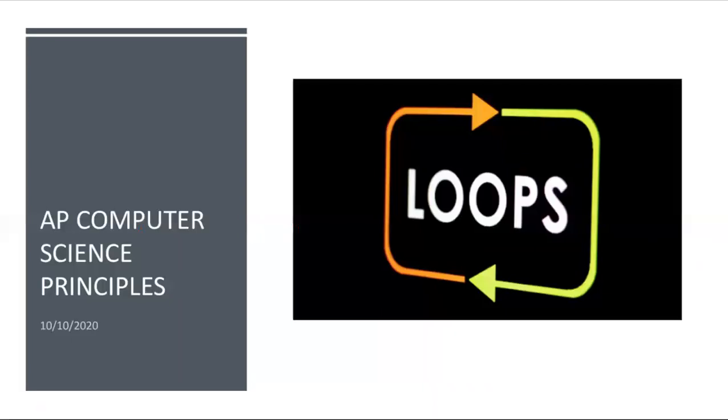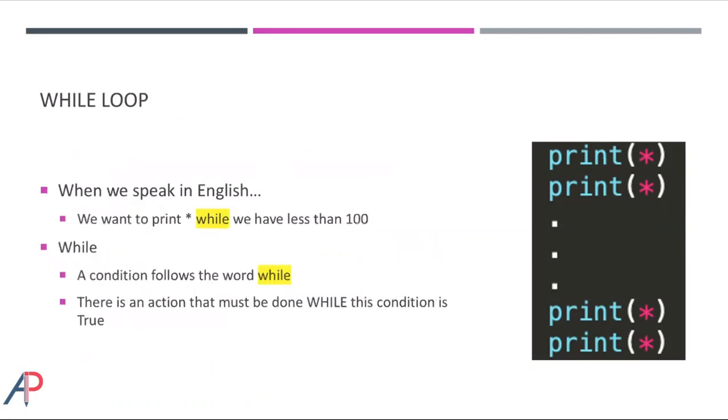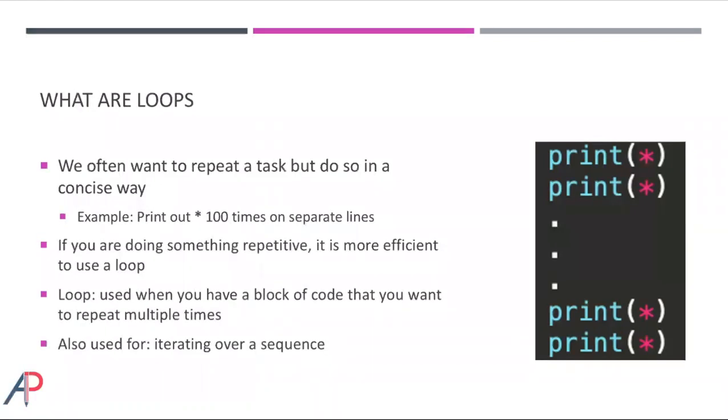So the next topic is about loops. Actually, let's just talk about what loops are. We often want to repeat a task, but do so in a concise way. So if I told you to print out the asterisk 100 times on separate lines, you probably don't want to type out print asterisk. Oh, I did this wrong also. Oopsies. Timeout.